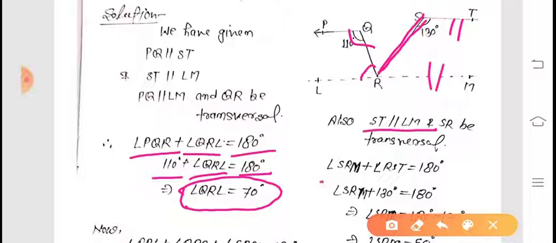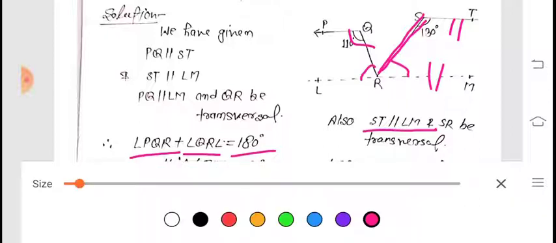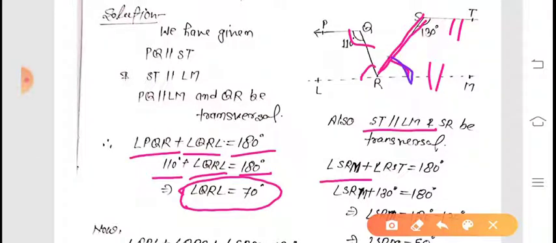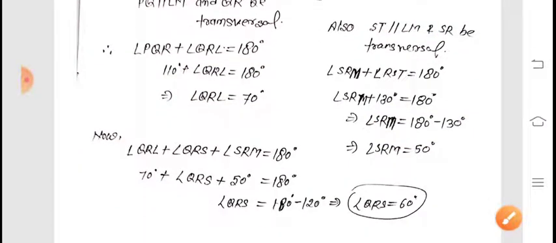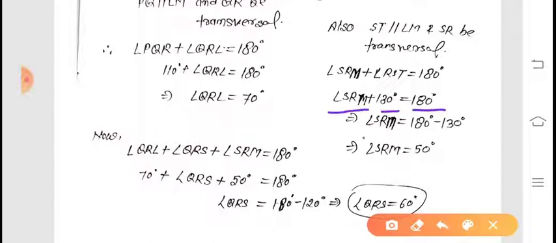Therefore angle SRM plus angle RST equal to 180, and angle RST equal to 130. So putting 130 we get angle SRM plus 130 equal to 180. Therefore angle SRM equal to 180 minus 130, angle SRM equal to 50 degrees.